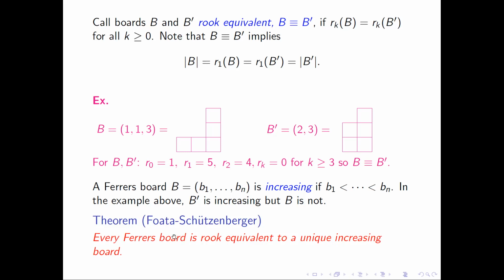So give me a Ferrers board. This is saying there exists a unique rook equivalent increasing Ferrers board. That is where all the parts are strictly increasing. So obviously for this board right here, the unique increasing Ferrers board that this guy is equivalent to is this guy.